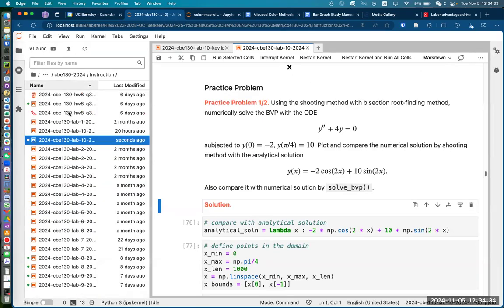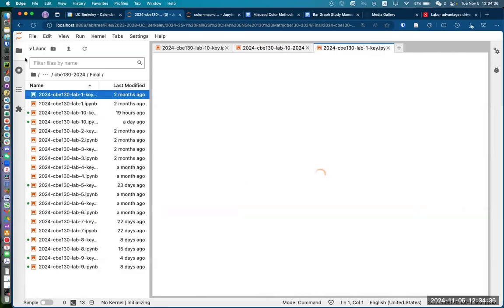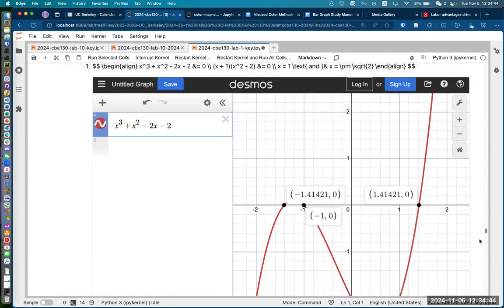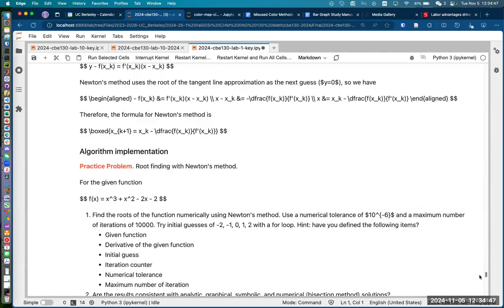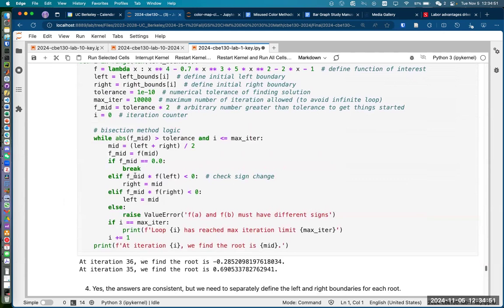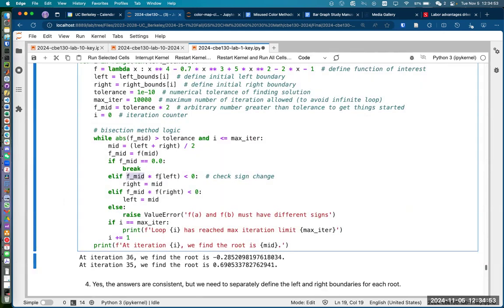Great question. So in lab 1, we have this F middle times F left is smaller than 0. This is to determine if there is a sign change.